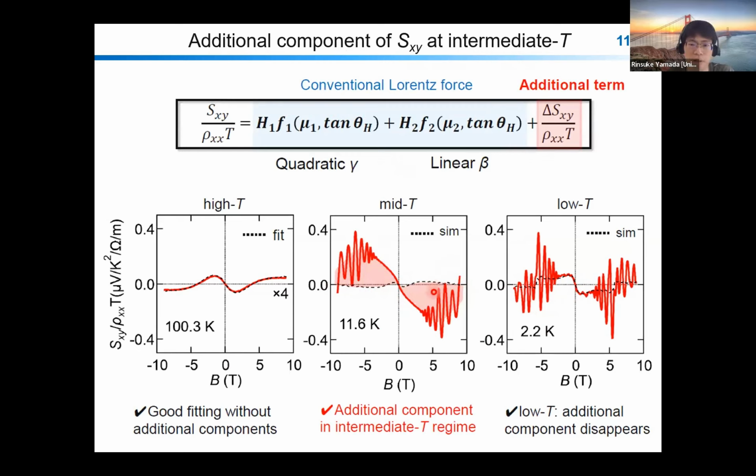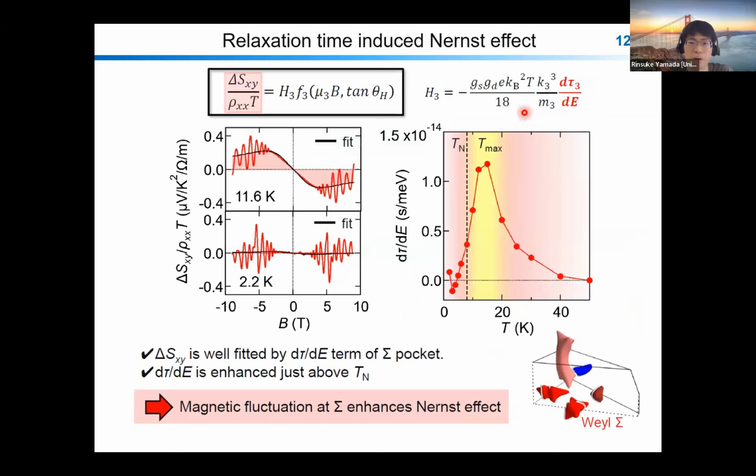Firstly, one possibility is the anomalous Nernst effect caused by the magnetic ordering. However, we excluded this possibility because this additional term disappears at the lowest temperature of 2 Kelvin. Then we attributed this additional component to the relaxation time effect. Here I derived the field dependence for this relaxation time effect by using the semi-classical model.